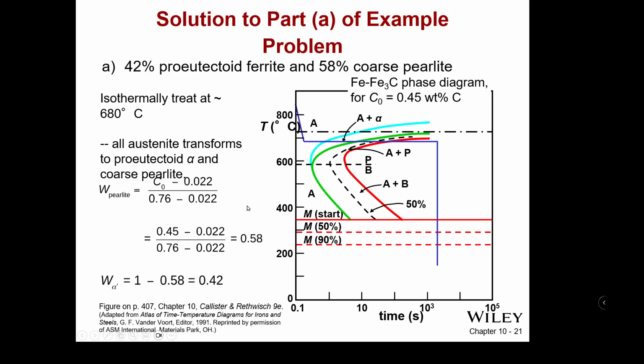So for the pearlite, we show weight fraction of pearlite of 0.58, and weight fraction of our alpha, our ferrite, is 0.42.